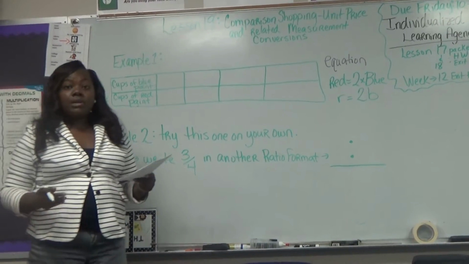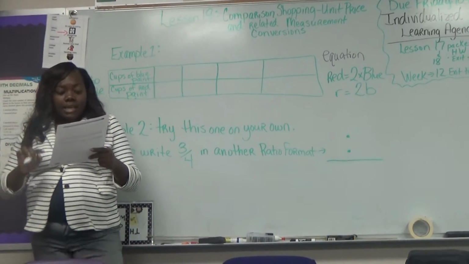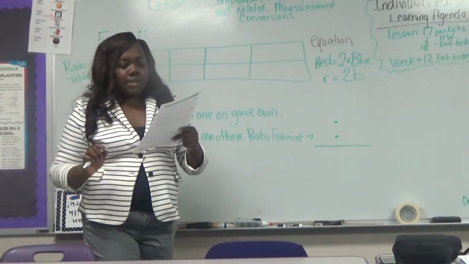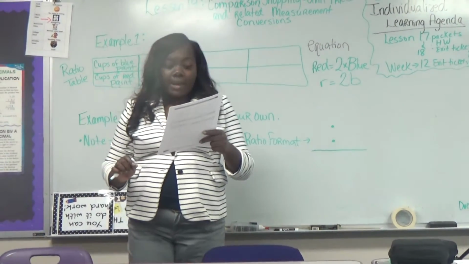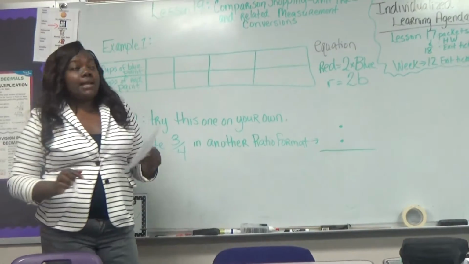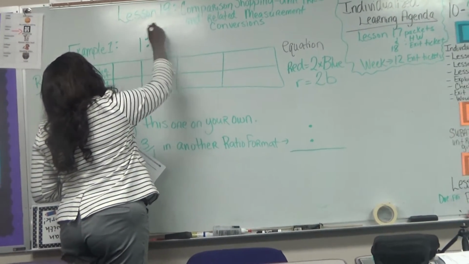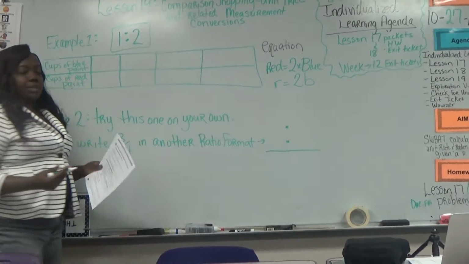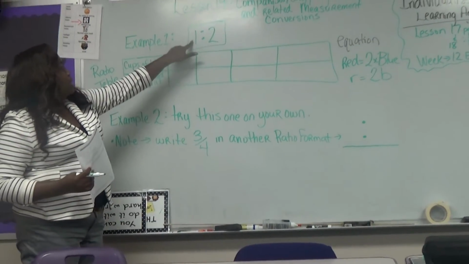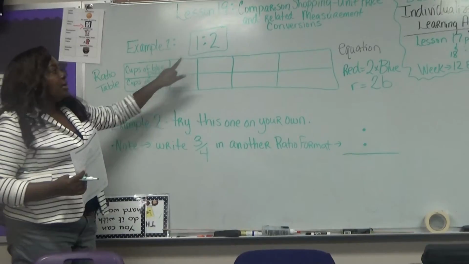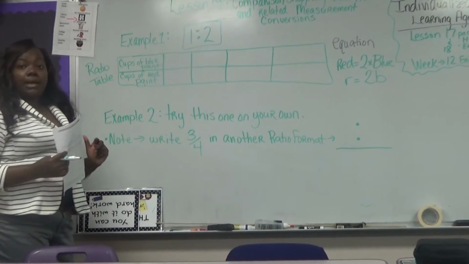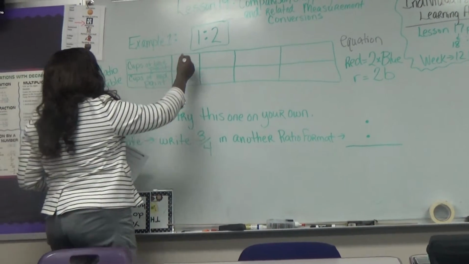Now let's recall that they told us in the paragraph that the ratio of blue paint to red paint is 1 to 2. So this is the starting ratio that we're working with. The 1 represents the blue paint and the 2 represents my red paint, so I'm going to fill in those values.